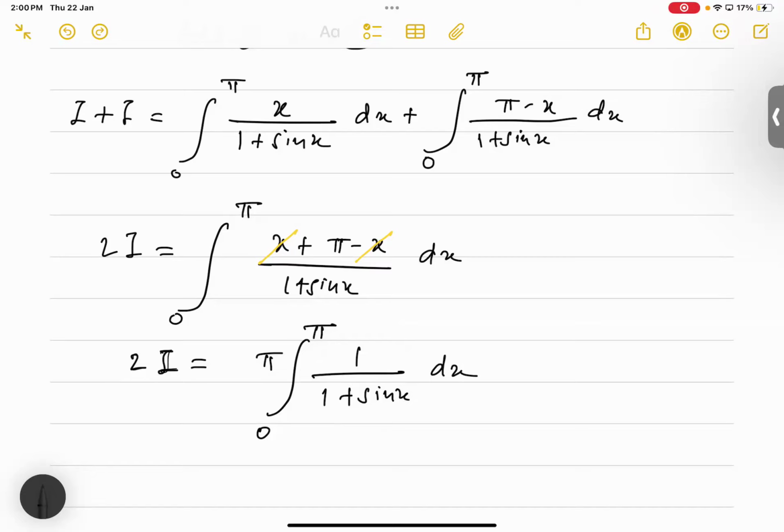Tan minus theta is minus tan theta. Can you just check?